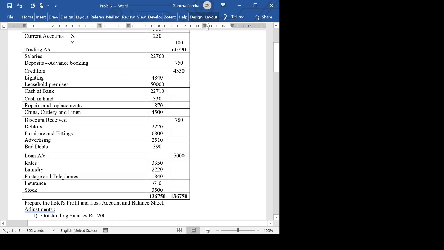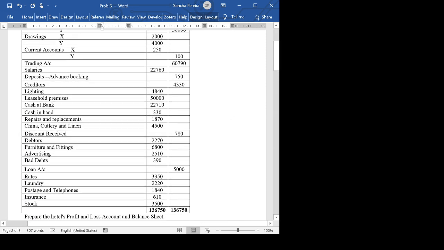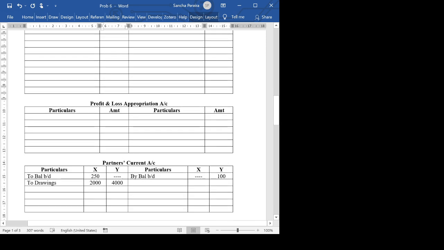Repairs and replacements 1870. Again an expense. Then there is China, cutlery and linen, 4,500.